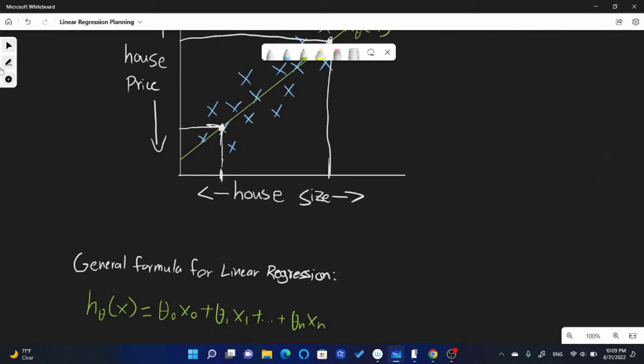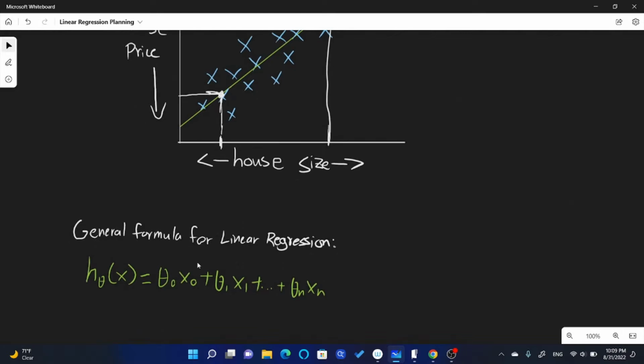Alright, so here's the general formula for linear regression, and you can see here the hypothesis function that we talked about earlier. We have theta and x. So you might be wondering, what is theta and what is x? Well, x is what we call features in this case. So what are features? Features are fairly simple.